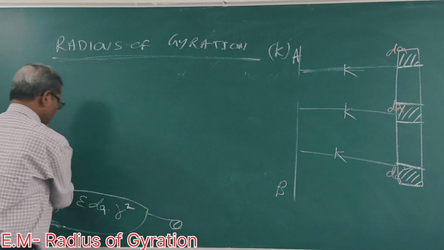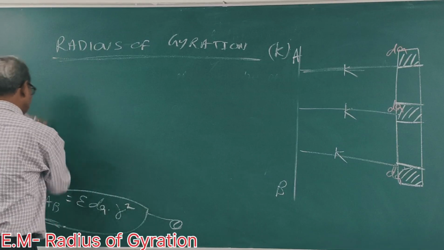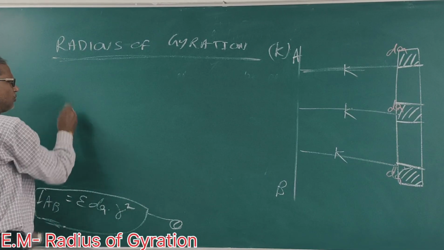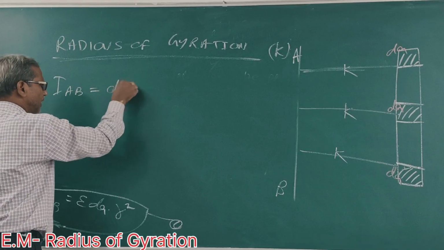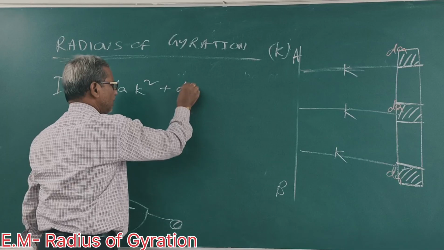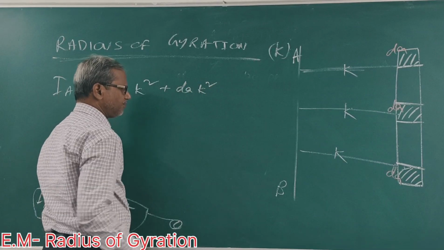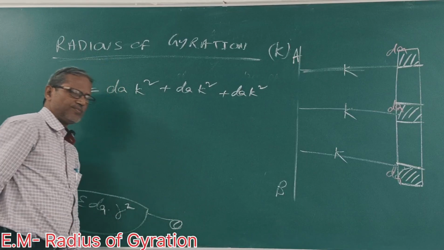So here, what is IAB? I is equal to dA into k square plus dA into k square plus dA into k square. Clear?